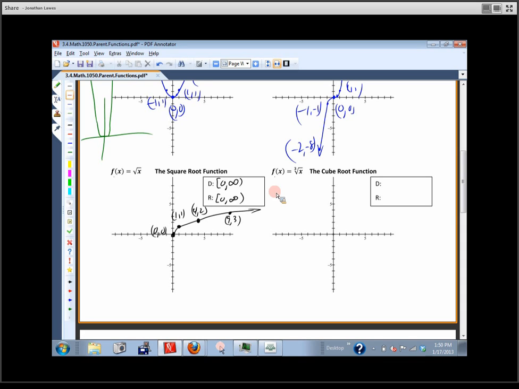Yeah. Can you repeat that one more time? That kind of didn't make sense to me. Okay. So if we were doing a problem like this, so there's a huge difference between this and this. If I'm just evaluating this one, the square root of 4 is 2.